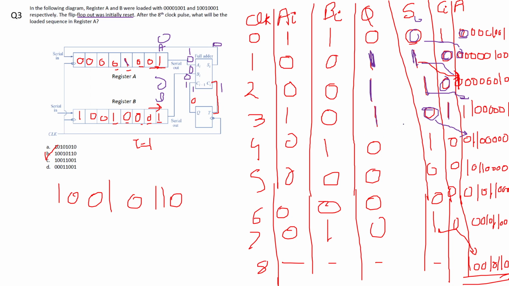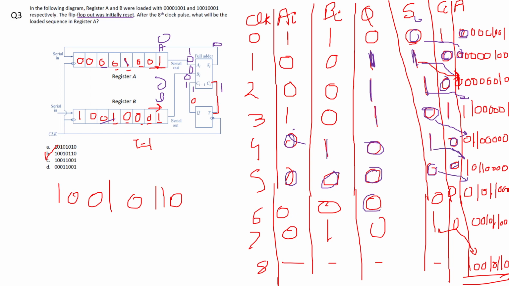Now for the fourth clock cycle, CI is equal to 1, that means the output will toggle, Q will be equal to 0, my AI and BI are 0, 1, so my SI will be equal to 1 and CI will be equal to 0. CI equal to 0 means Q equal to 0, my AI and BI are 0, 0, my sum will be 0, my CI will be 0, and this will come here.